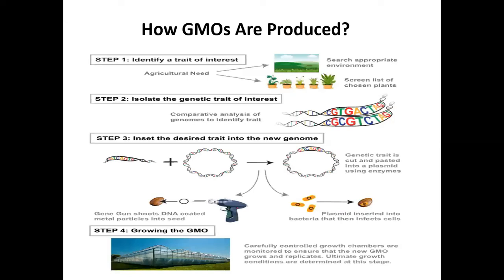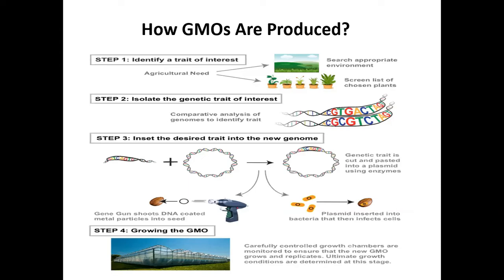So how are GMOs produced? These can be produced in three main steps. It is very interesting to know that anybody can produce a GMO by knowing the technique. The first and foremost step is to identify the trait of interest, the gene of interest which you want to alter. You have to identify that, keeping the environmental impact of that gene in mind.